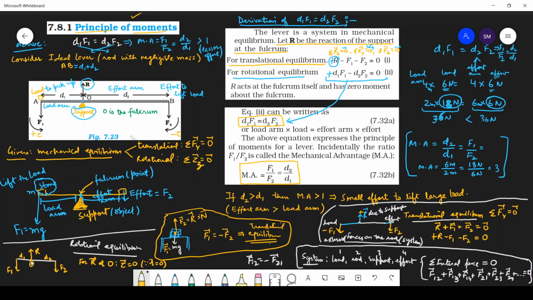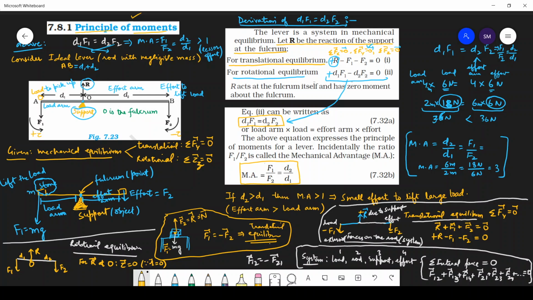Because the angle between them is 180 or 0. See, the length is 0. See how you are applying the force. This is the point of application of force, and this is the distance. What is the distance between the origin and the point of application of force? 0.